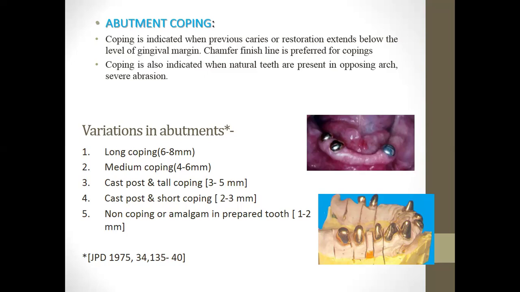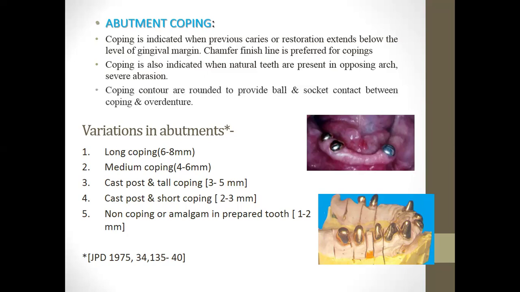There are different types of copings. Certain copings are called long copings when they are around 6 to 8 millimeters, and certain copings are categorized as medium copings, which are around 4 to 6 millimeters. There are certain other types of copings called cast post copings, which can be tall, and there are also cast post copings which are short.